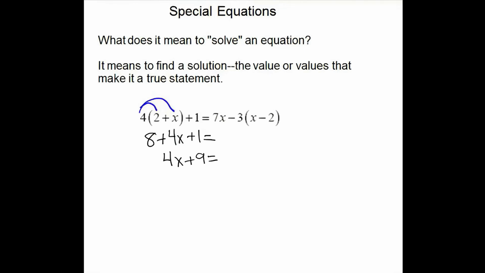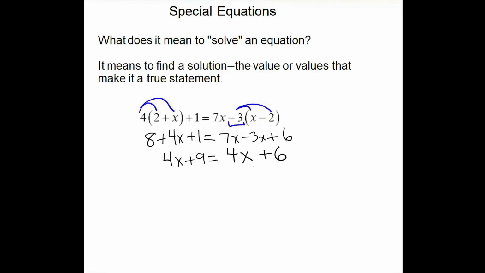Then we will distribute on the right-hand side the negative 3 to the parentheses. So bring down our 7x minus 3x. Careful here, plus 6. And the x terms can go together. 7x minus 3x is 4x. Bring down your plus 6.